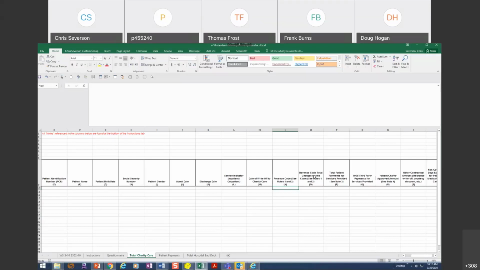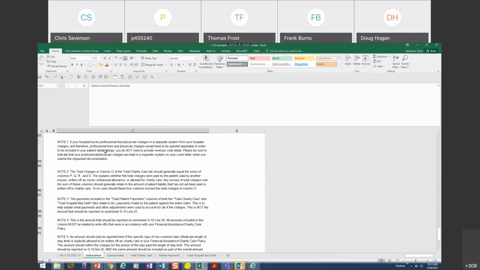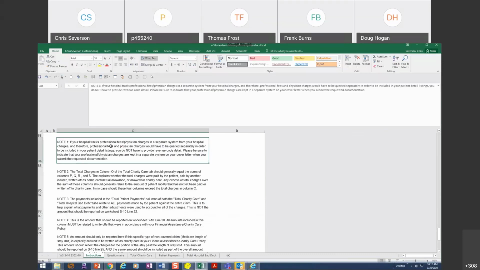So let's look at notes 1 and 2 back on the instruction tab. First of all, note 1. It says if your hospital tracks professional fees and physician charges in a completely separate system from your hospital charges, and therefore if we wanted all that information, you would have to query it separately, then in that case, you do not actually have to provide the revenue code detail.